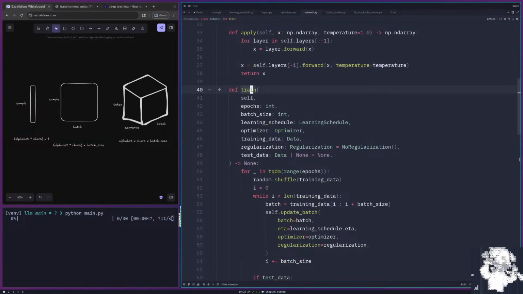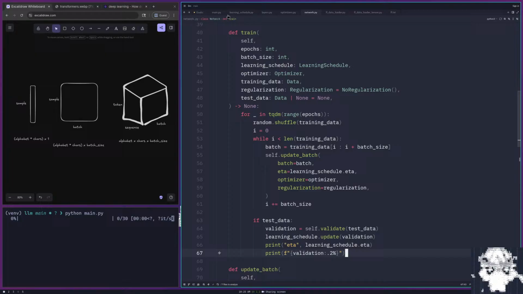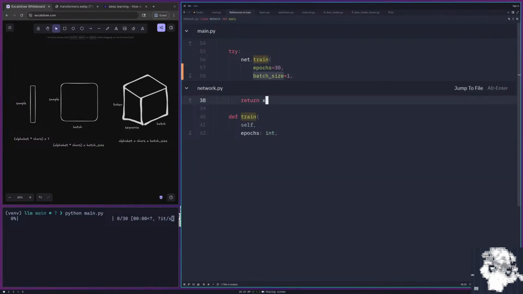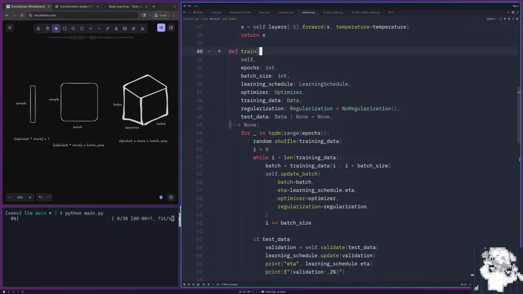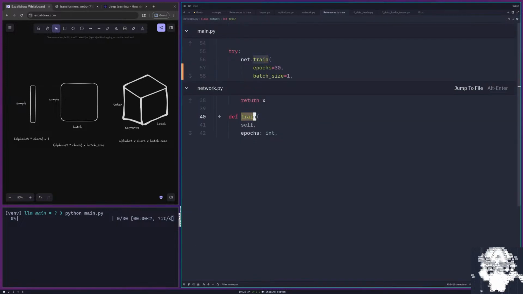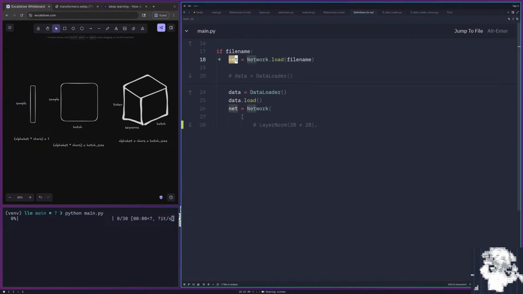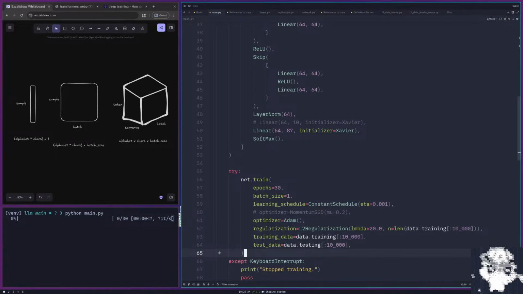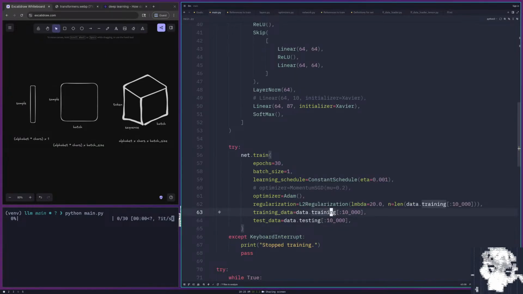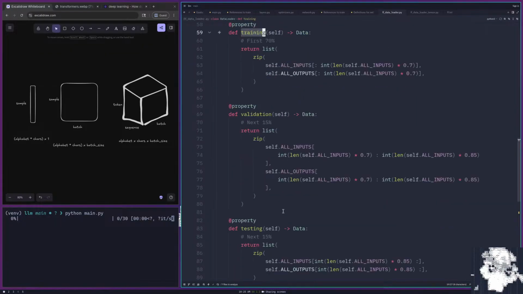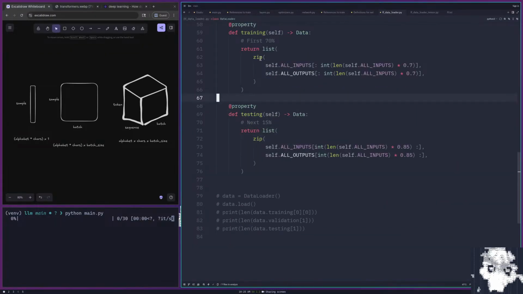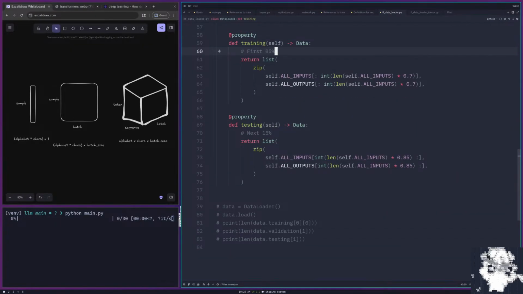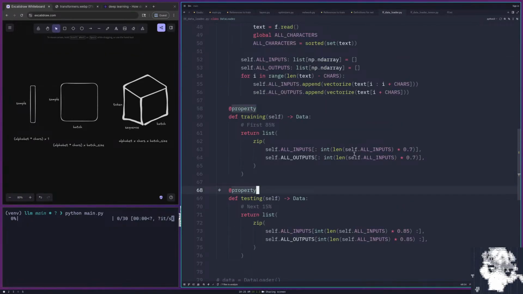Okay, and then no such thing as validation data. Let's go into here. No such thing as validation. Training data can be 85% of the data. And then you have to update more than just the comment.